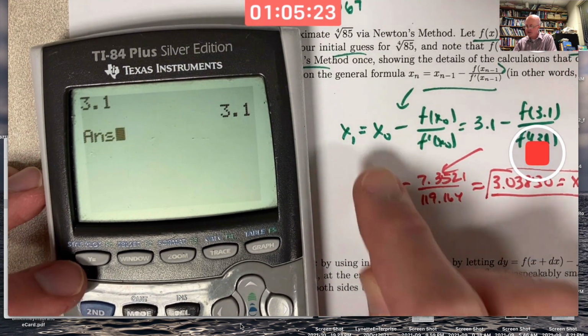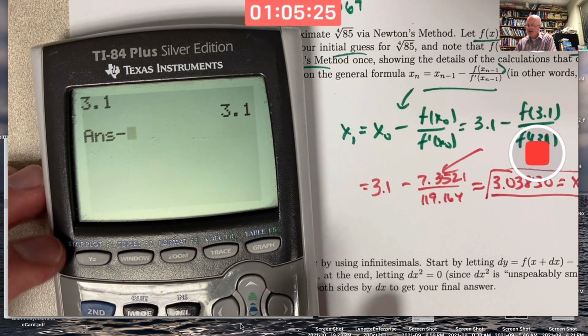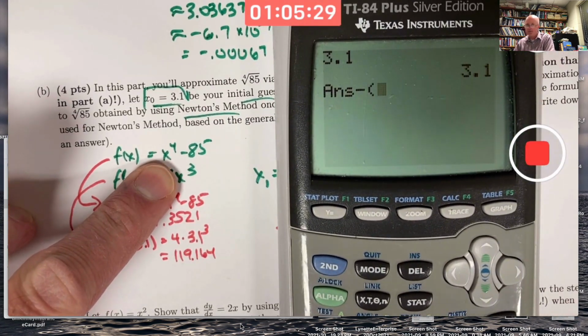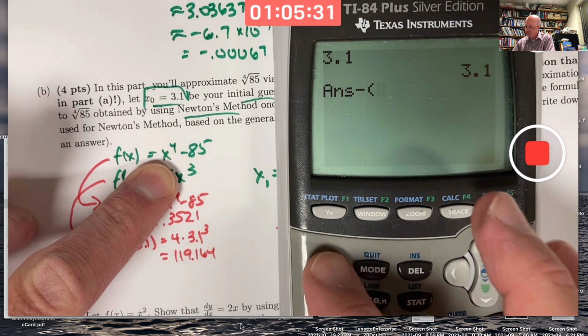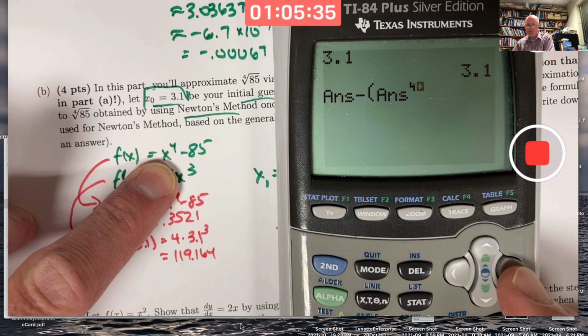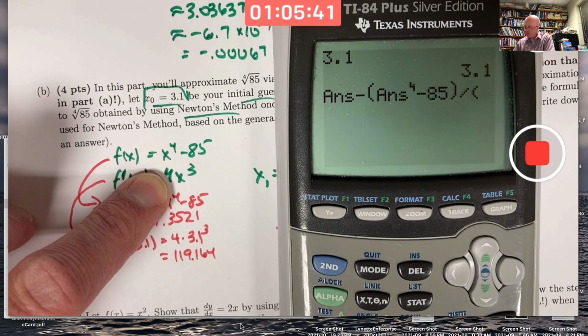So it's ans, which is x0, minus f of x0. It's going to be this, which I'm going to type in as ans to the 4th power. Ans stands for previous answer. Minus 85 divided by 4 times previous answer quantity cubed.